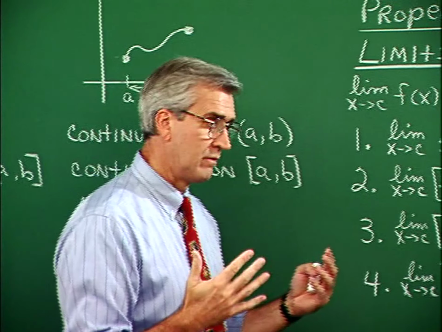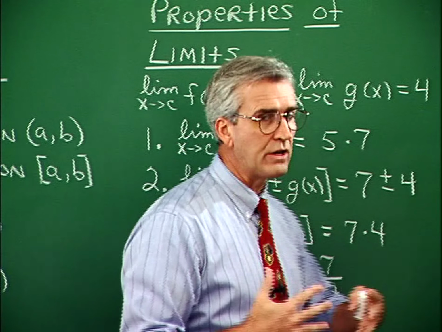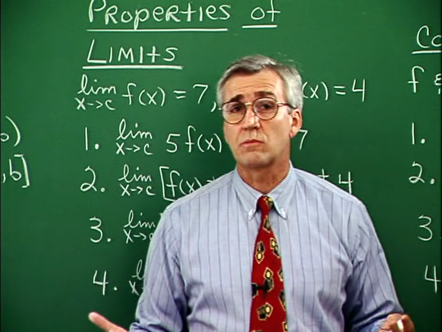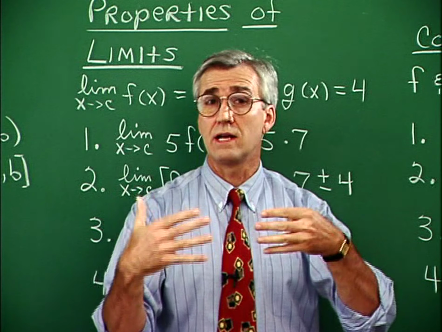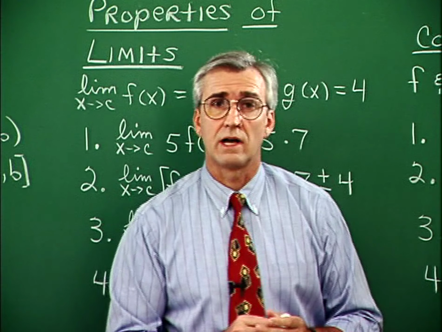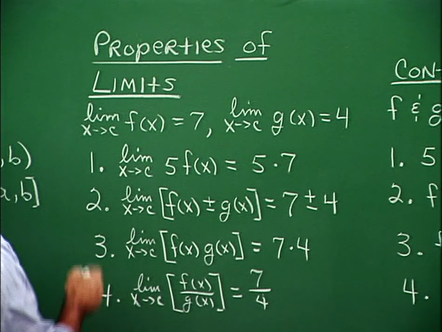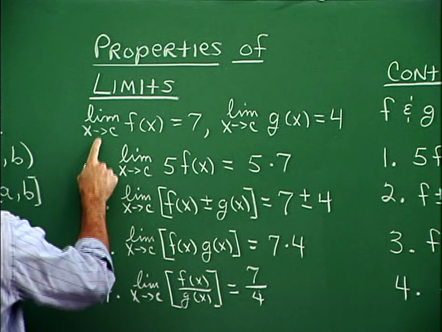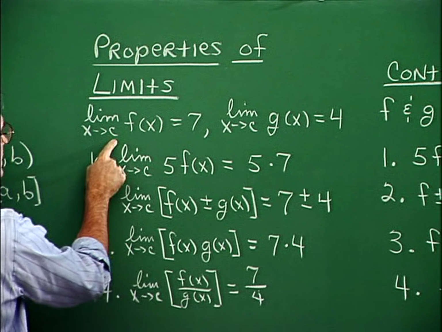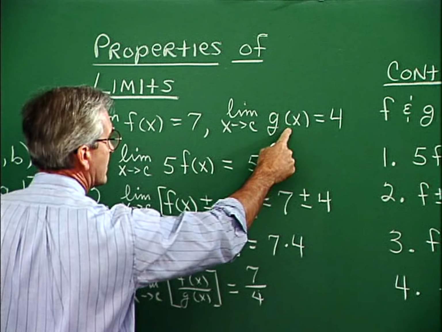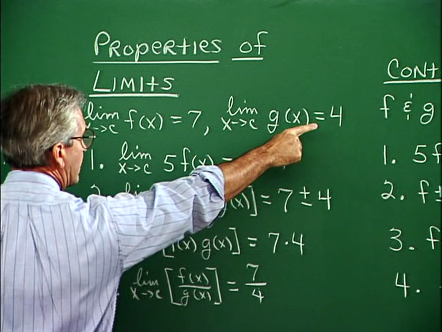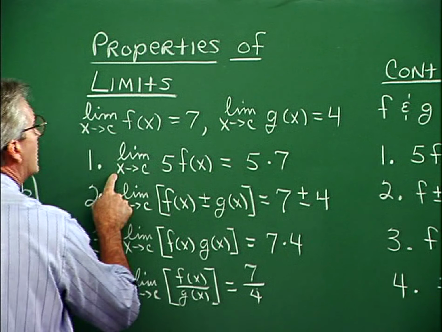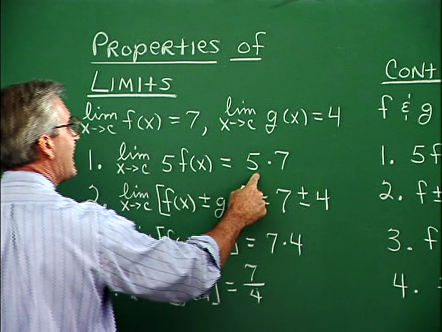Well, we're making this correlation. There's this correlation between limit and continuity all along, and we even see it in the properties. If we list properties of limit and continuity right next to one another, we see a remarkable similarity. For example, here I'm reviewing the properties of limits. Recall, we talked about this in an earlier section: if the limit as x approaches C of f of x is 7, and the limit of g of x as x approaches C is 4, so one limit is 7, the other is 4 for these two functions, then the limit of 5 times f of x would be 5 times 7.